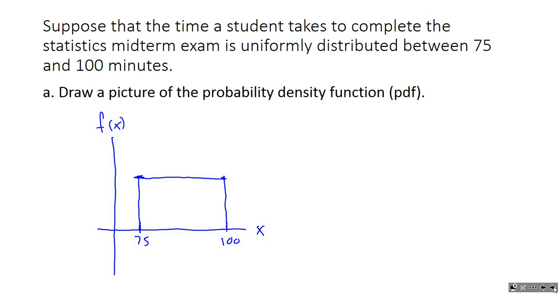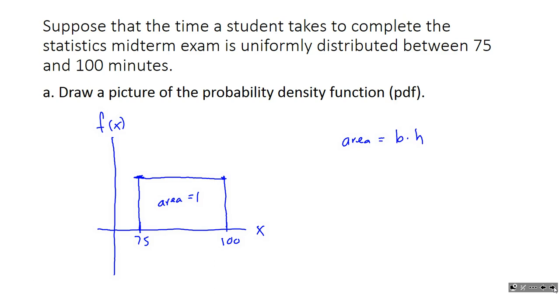Now we have this partially drawn. The thing to keep in mind is that the area inside this rectangle must equal 1. Probabilities will be given by areas, and of course our total probabilities always have to equal 1. The area of any rectangle equals the base times the height, or length times width.